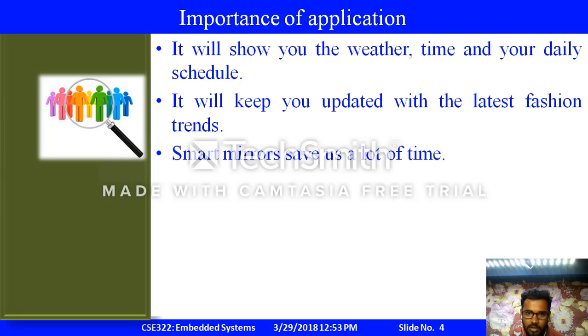Smart mirrors save us a lot of time in many ways by suggesting, and we can do many things at the same time, like dressing up, having some reviews, and seeing the latest trends straight away on the mirror.